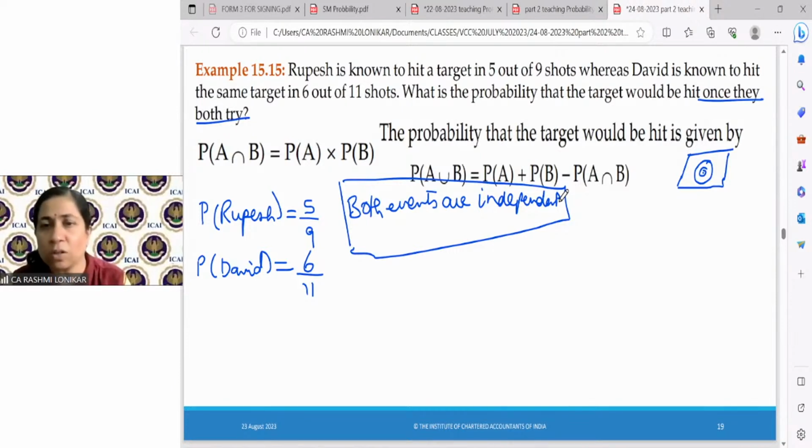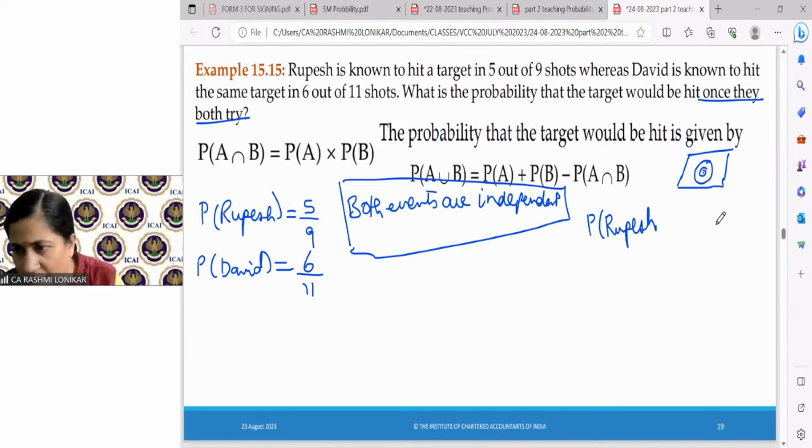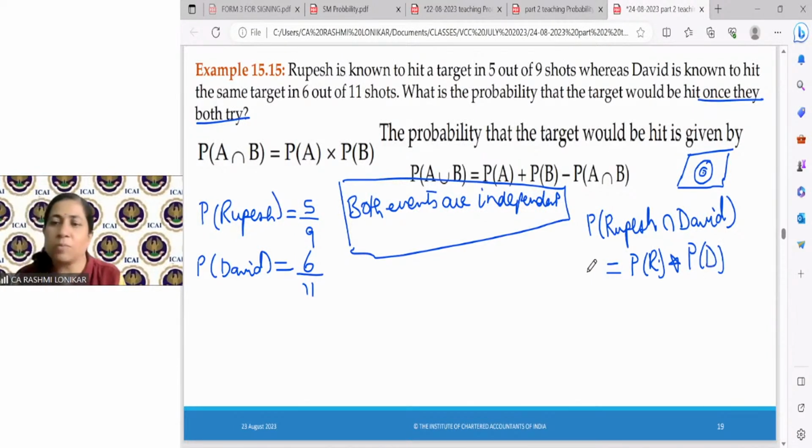Okay. So therefore P of Rupesh and David hitting the target is given by P of Rupesh into P of David, because we know that for independent events, P of A intersection B is given by PA into PB.